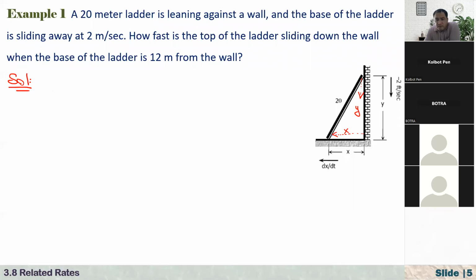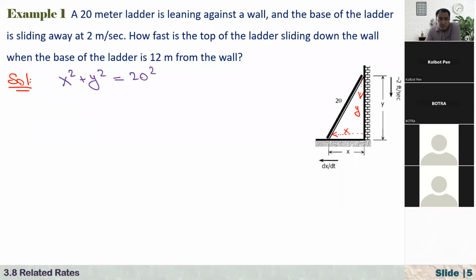If the distance between the foot of the ladder and the foot of the wall is x, and the height between the top of the ladder and the ground is y, I can write this equation using the Pythagorean theorem: x squared plus y squared is equal to 20 squared.